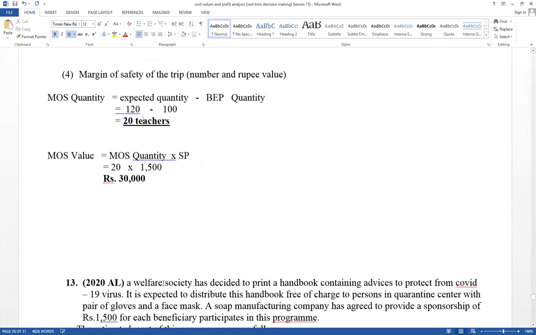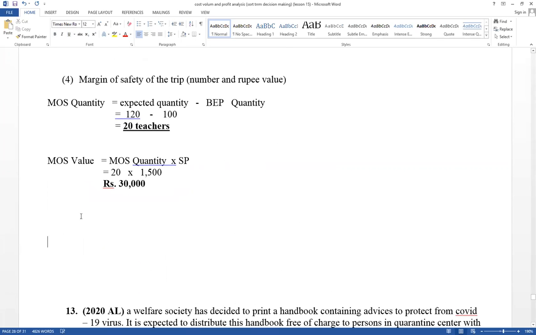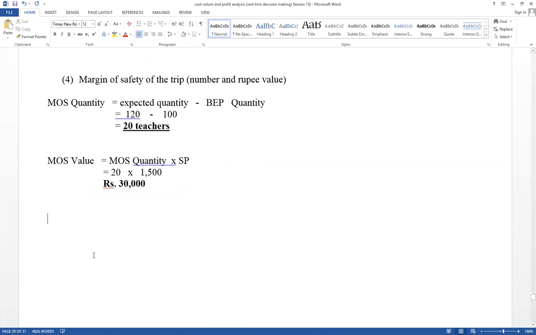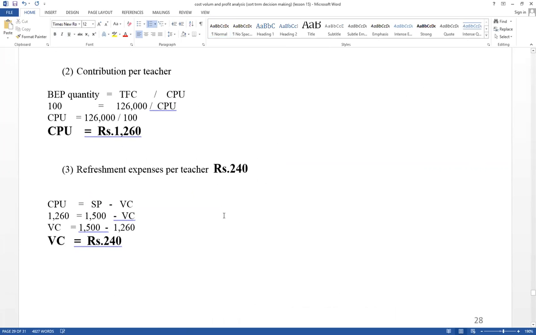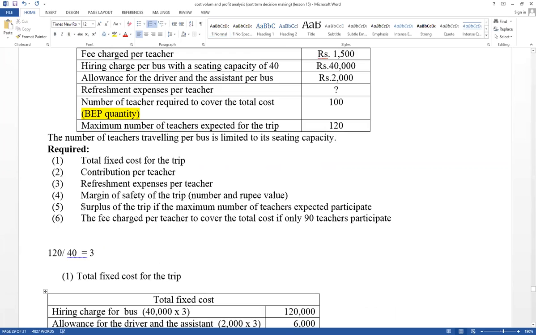First one, write the equation. Requirement 5 is profit. First one, think about total income minus total expense.